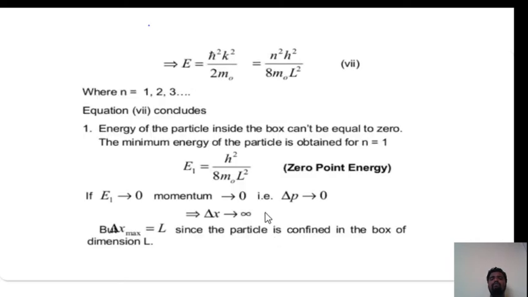By simplification, we get the expression for E is equal to h cross square k square divided by 2 m naught, or we can write E is equal to n square h square divided by 8 m naught L square, where m naught is the rest mass of a particle which is trapped in a one dimensional box.